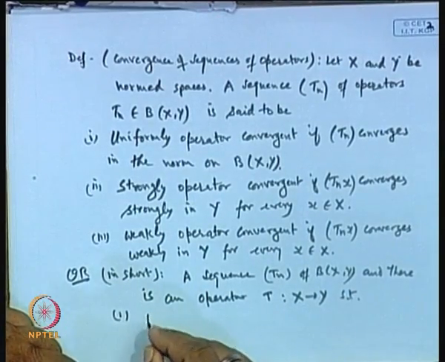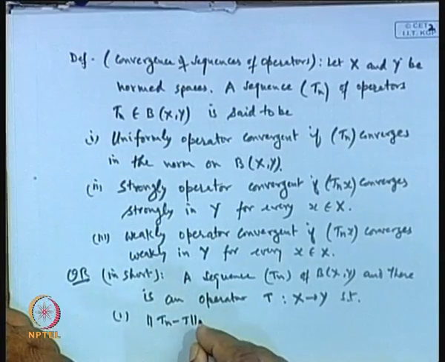number 1, norm of T_n minus T tends to 0.